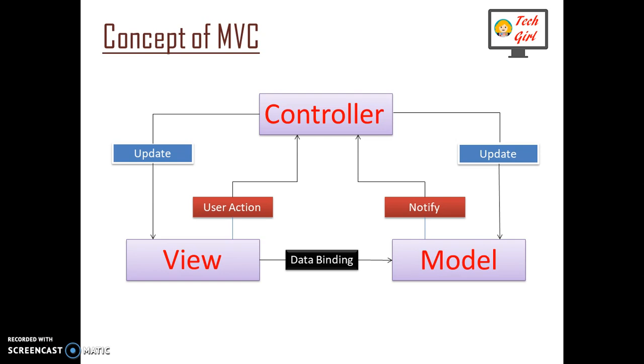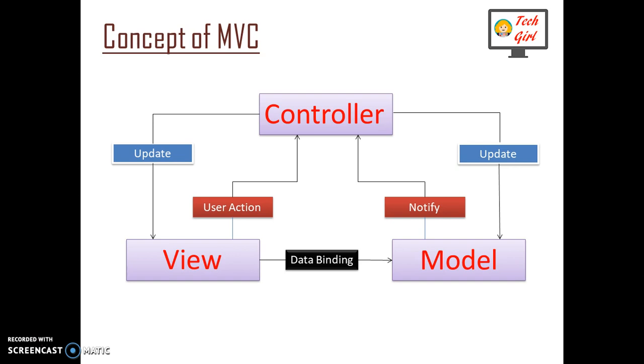Now we'll see the connection between the view, model and controller. So the controller handles all the functions, that is clear. So now view and model. We'll take a second example. In that we have some table structure in the view.